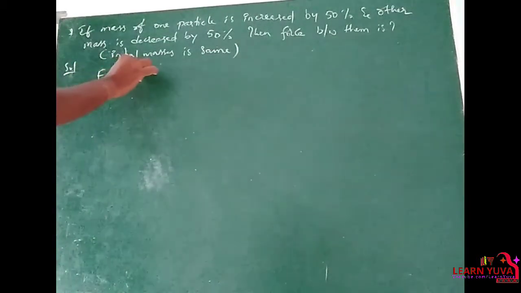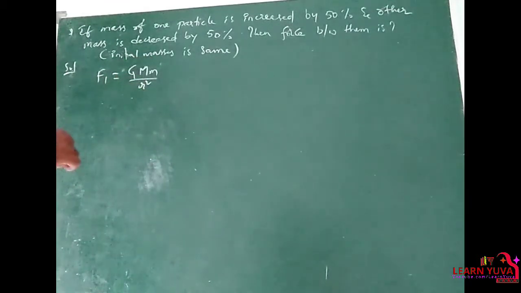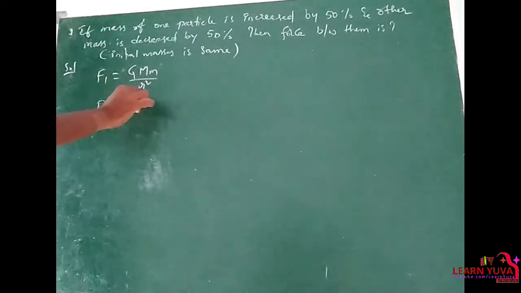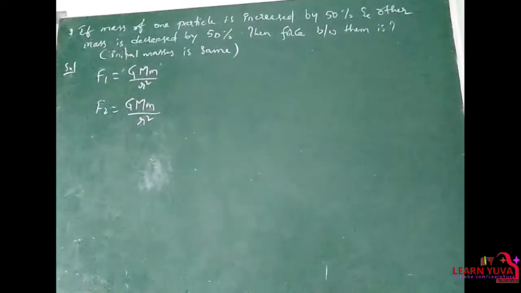F1 is equal to G m by r square, and F2 is equal to G m by r square. Here force F1 is the force at the initial state and F2 is the force after changing the masses.